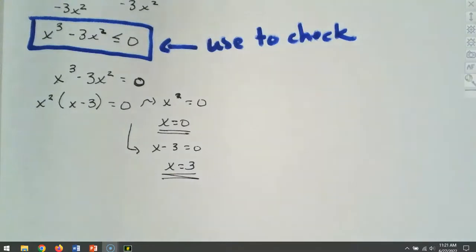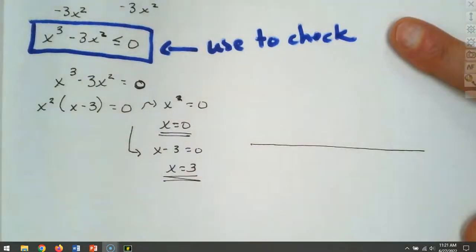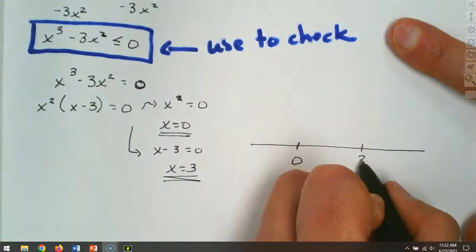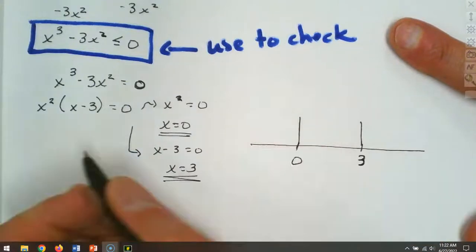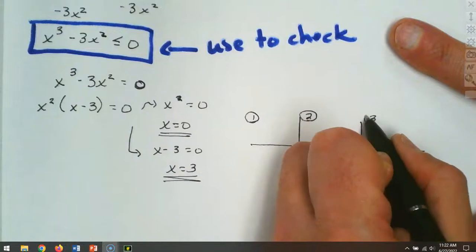Now, these have to go on our number line, just like we did in the previous problem. 0 and 3. And we make our regions. Regions 1, 2, and 3.